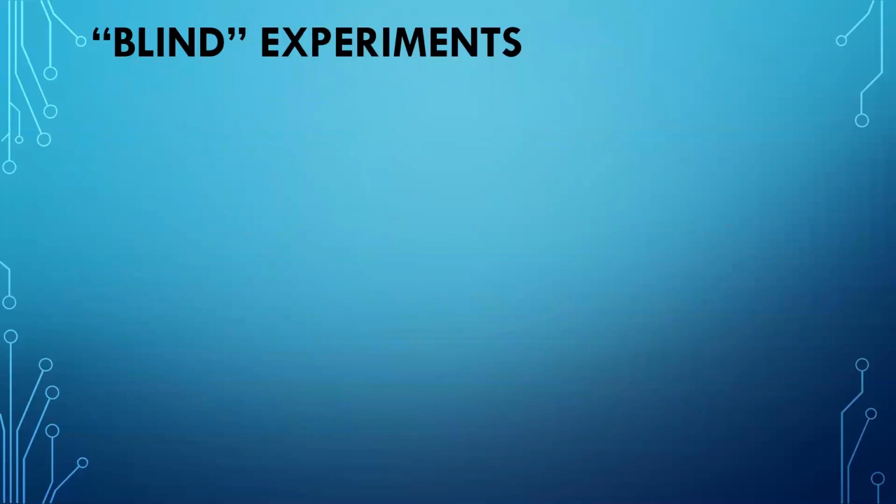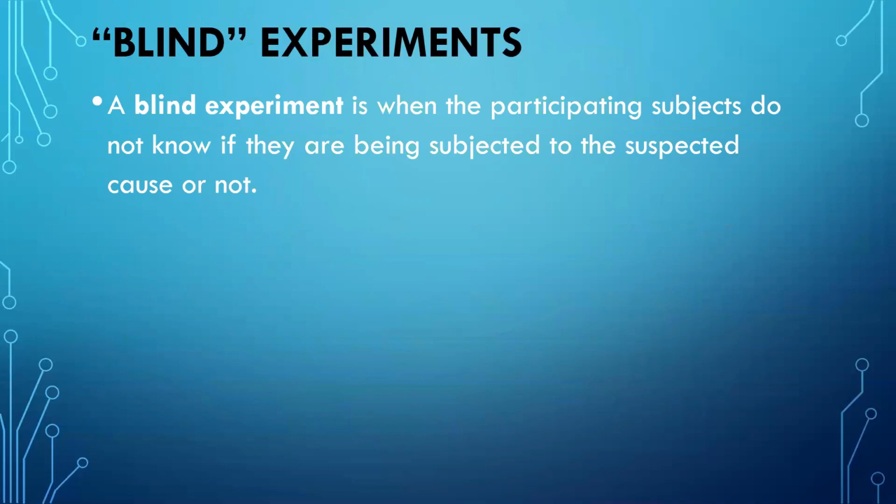Now, let's talk about what we mean with blind experiments and double-blind experiments. A blind experiment is when the participating subjects do not know if they are being subjected to the suspected cause or not.